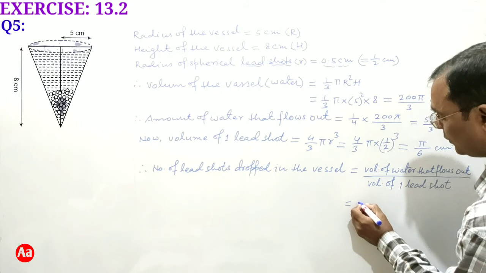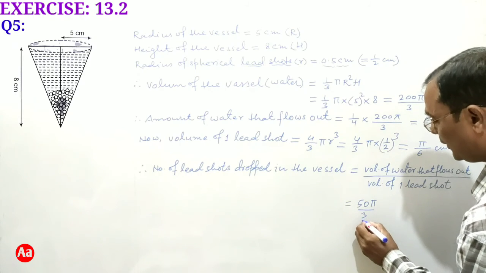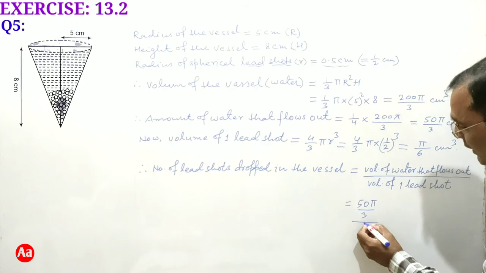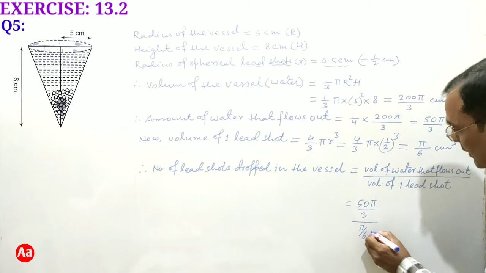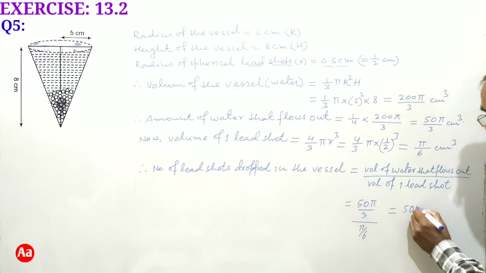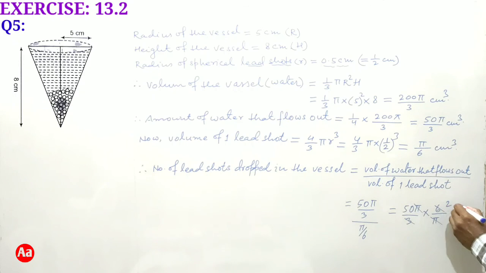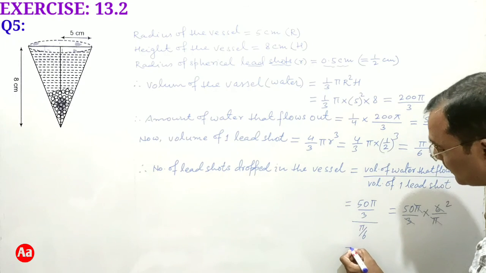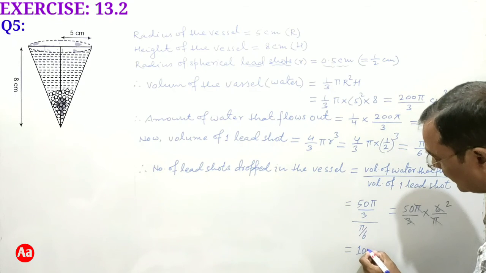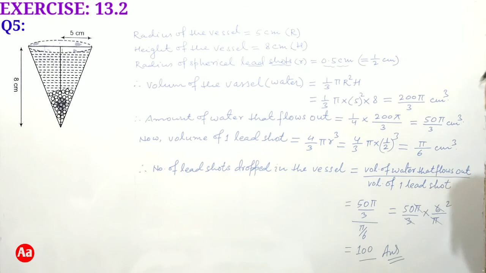This is equal to 50 pi by 3 divided by pi by 6. So this is equal to 50 pi by 3 into 6 by pi. So pi cancel, 3 to the 6, 2 into 50, 100 lead shots are dropped in the vessel, and this is the answer.